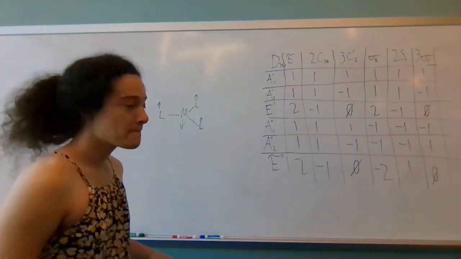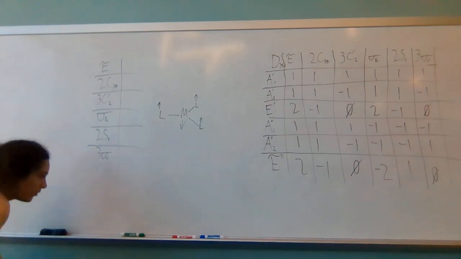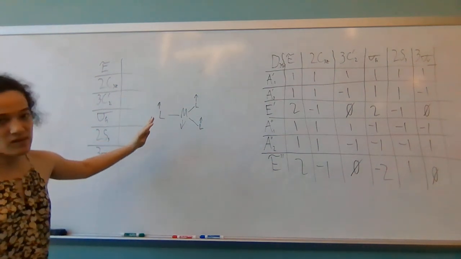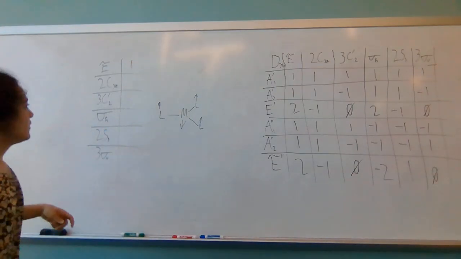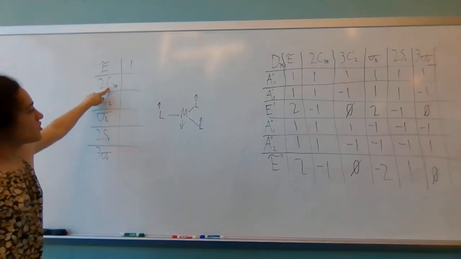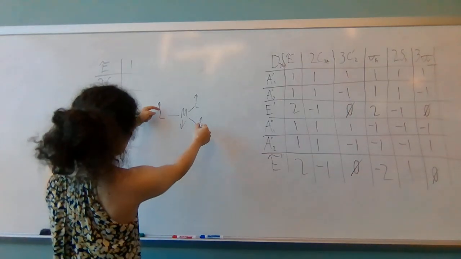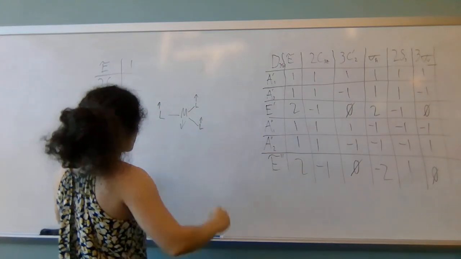So E operation. It stays the same. We know that much. Just pick it up, put it down, nothing changes. So the C3Z operation, that's going to be the primary axis. So we're taking this and we're spinning it so that each ligand goes to the next ligand's place.